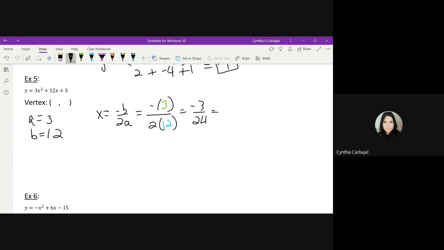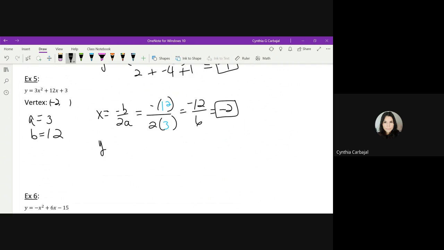Oh my gosh, sorry. It's not going to be because I put it in the wrong spot. So b is 12, that's going to go here, and a is 3, so that's going to go there. So that's going to be negative 12, and 2 times 3 is 6, so it's going to be negative 2. So that's our x value of the vertex, also our axis of symmetry.